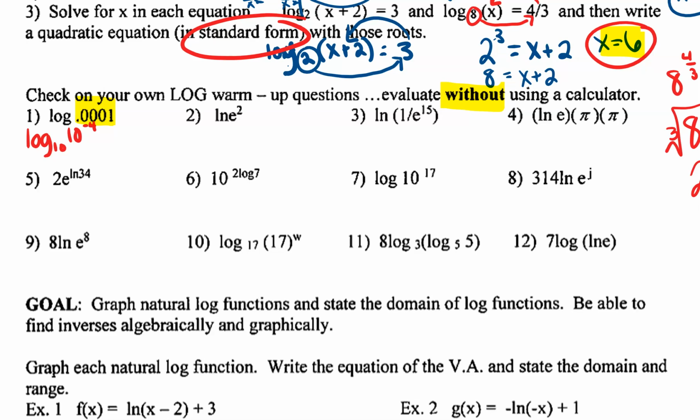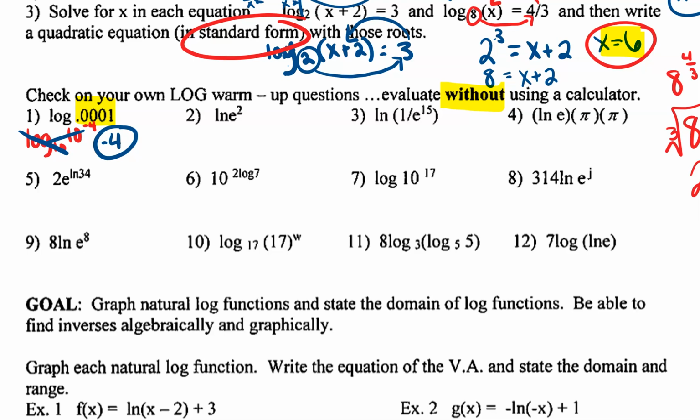You can always do guess and check on that if you can't remember. But since the decimal was moved over 4 times, it's 10 to the negative 4 power. Because we have log base 10 and exponent base 10 here, they cancel out. Whenever the log base and the exponent base are the same, they cancel out. All that we're left with is negative 4. So that's the answer on number 1.